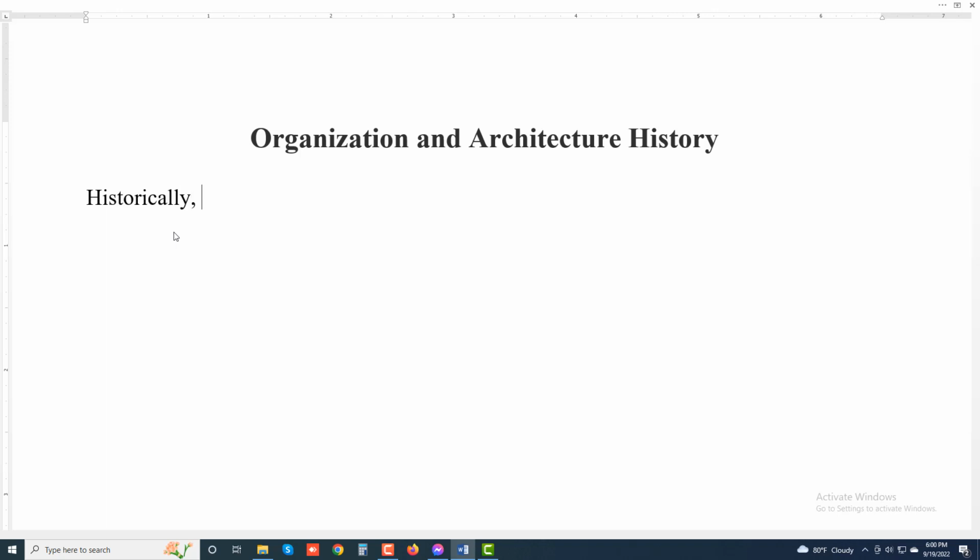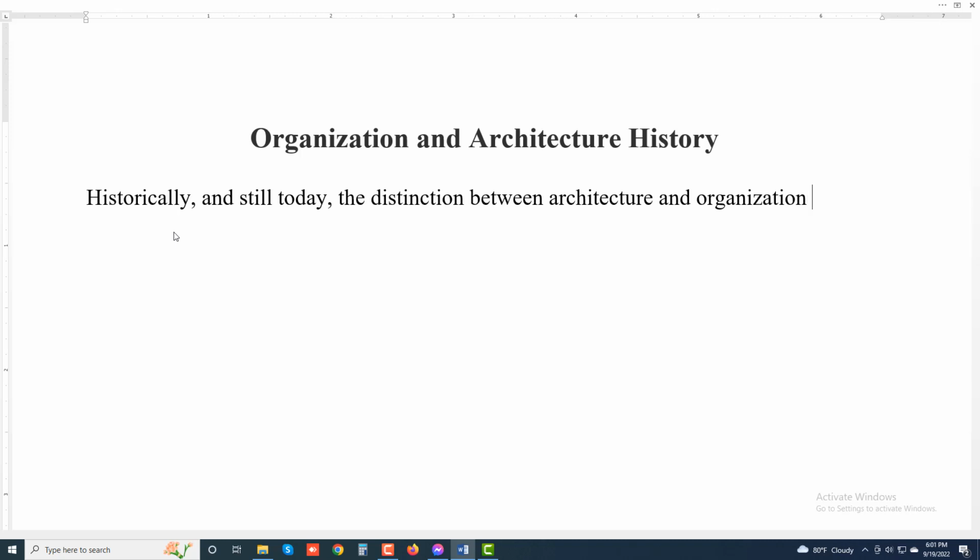Historically, and still today, the distinction between architecture and organization has been an important one.